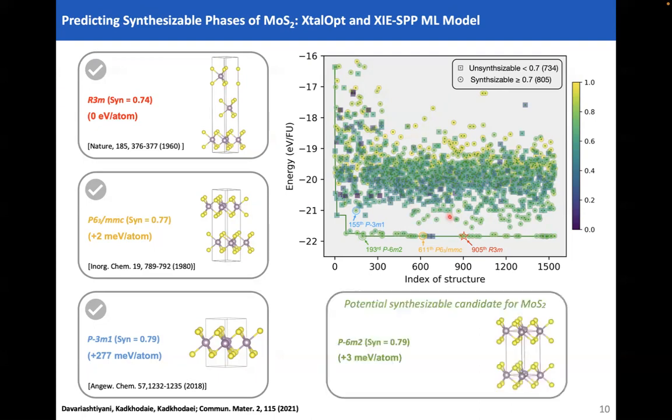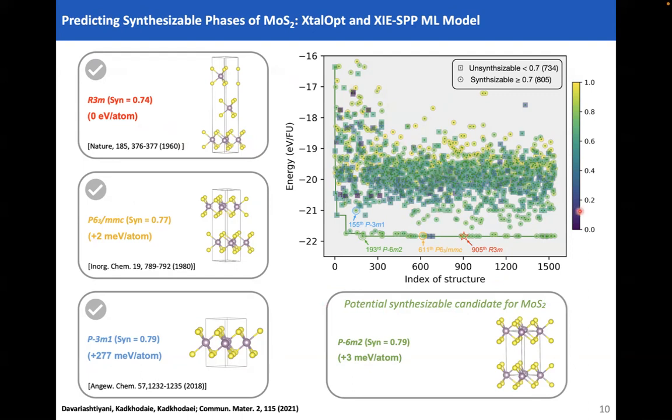According to the machine learning model, this particular phase has a fairly high synthesizability likelihood, and it's only 3 meV per atom above the ground state, with the DFT setup that we used for all these evaluations and simulations.